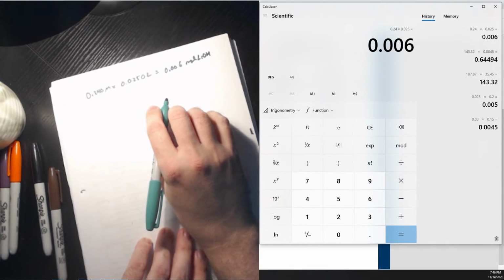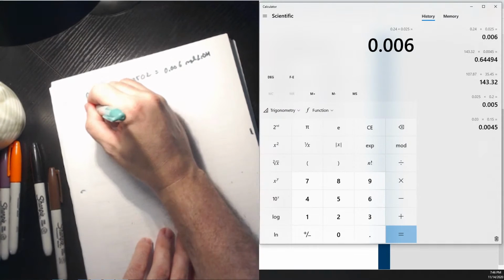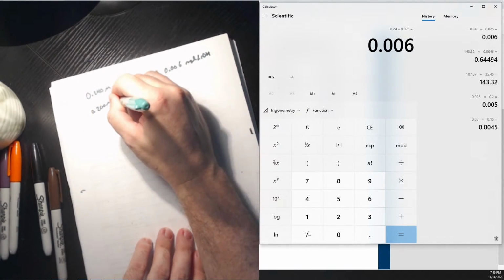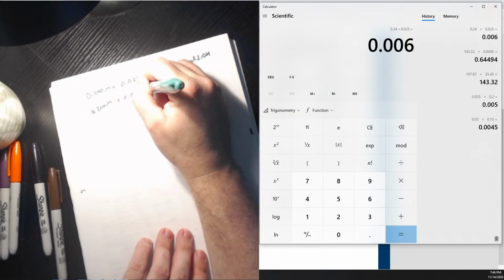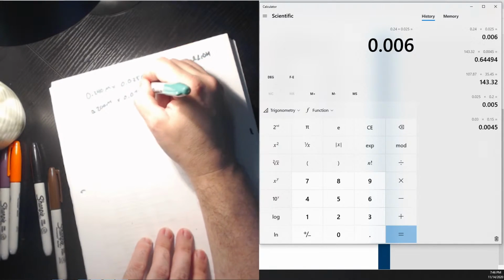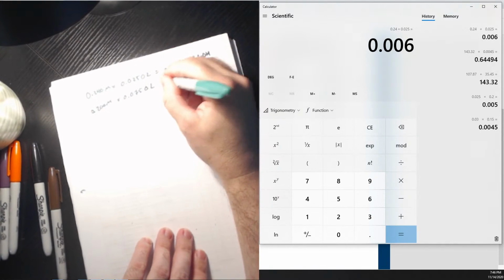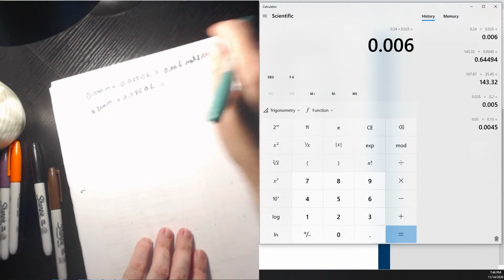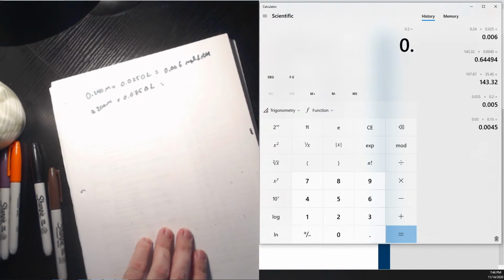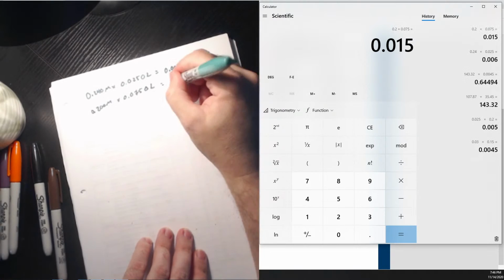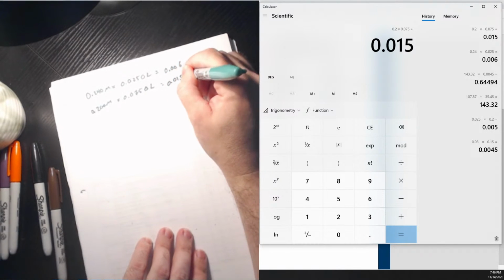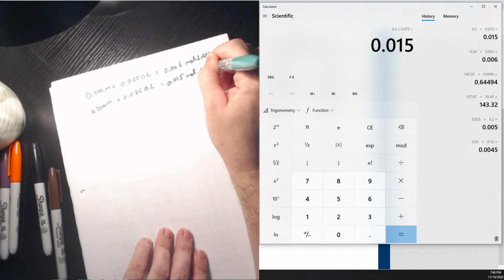And how much hydrobromic acid are we looking at there? 0.2 molar times 0.075 liters. That's going to be 0.2 times 0.075, 0.015 moles of the HBr.